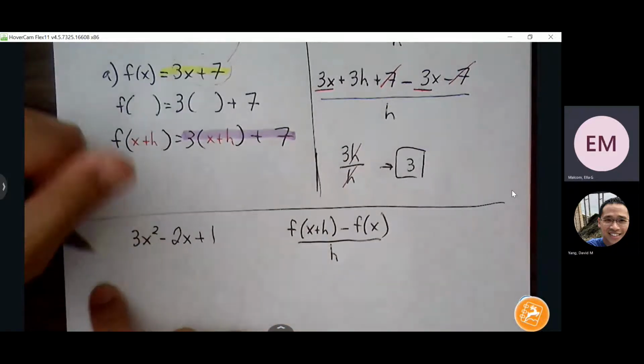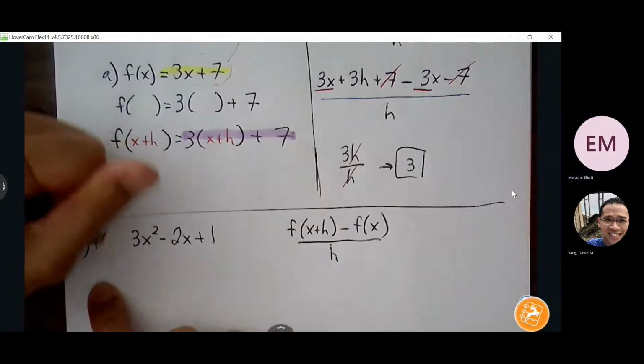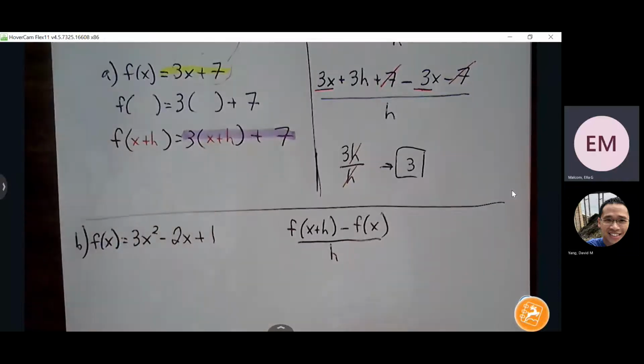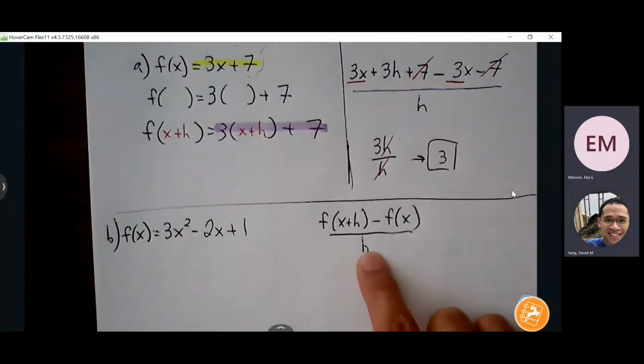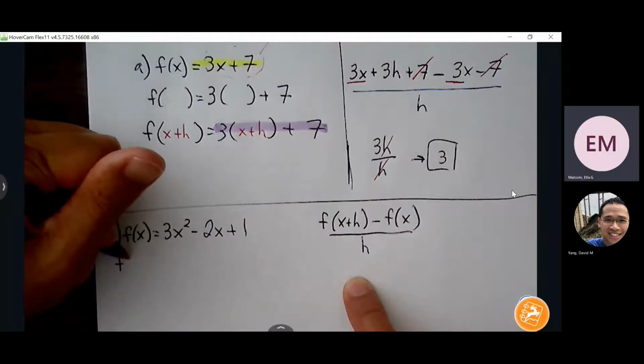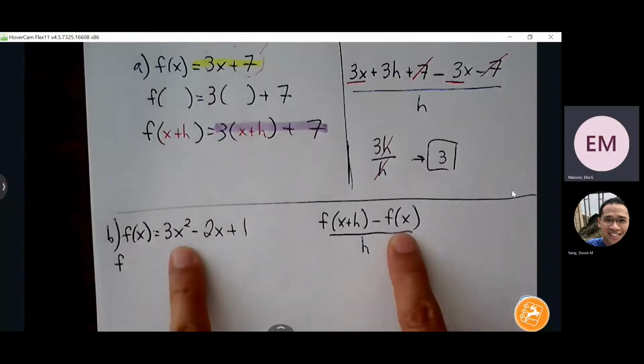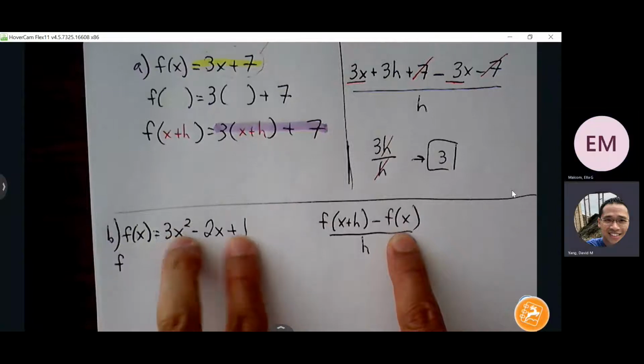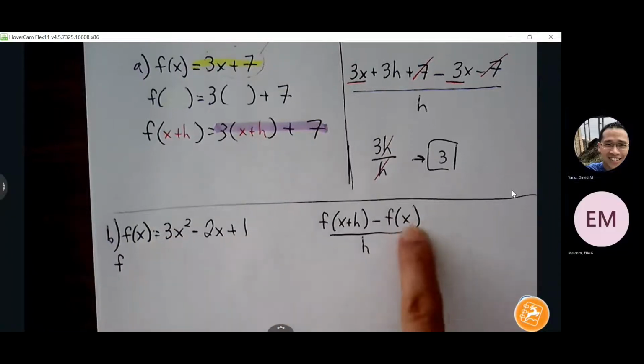So this is the same as part A. Yeah, same. So we know the f of x. We can just plug in the 3x. Yeah, all this is going to go here. Right.